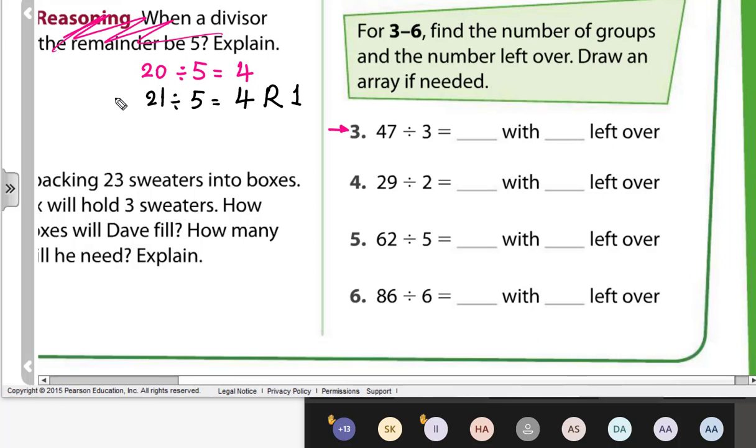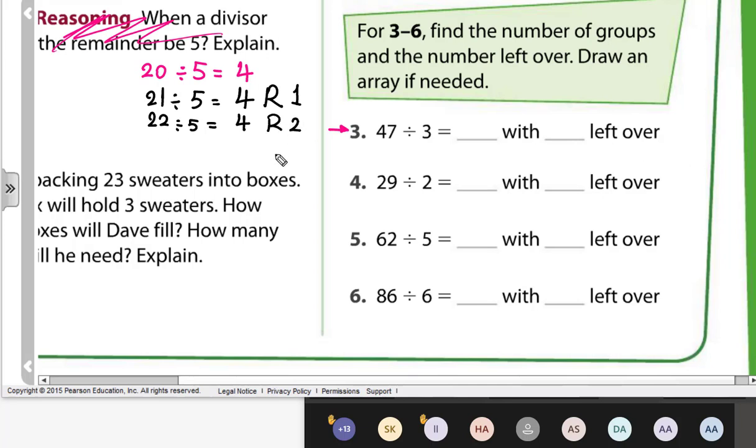And what about 22 divided by 5? Okay, the same. It's 4, because 4 times 5 equals 20, and we have 2 left over.